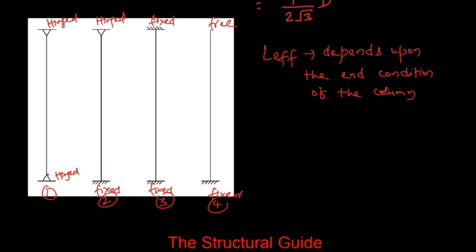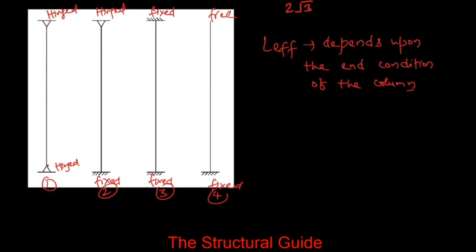So in IS 456, it is given that the L effective for the various types of end condition. For type 1, in which both the ends are hinged, in this case L effective is equal to L, and what is L? I can say L is equal to L unsupported.